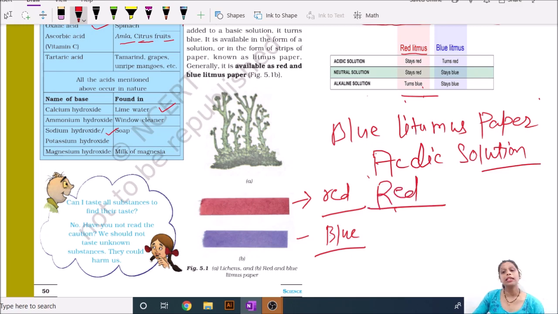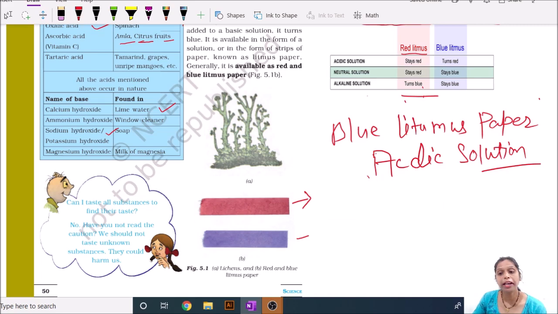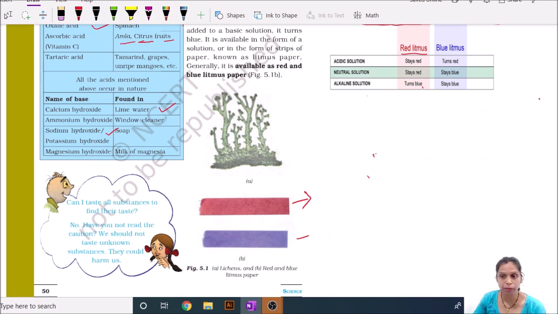Then this is the character, and we can identify the character of solutions by using a litmus strip.